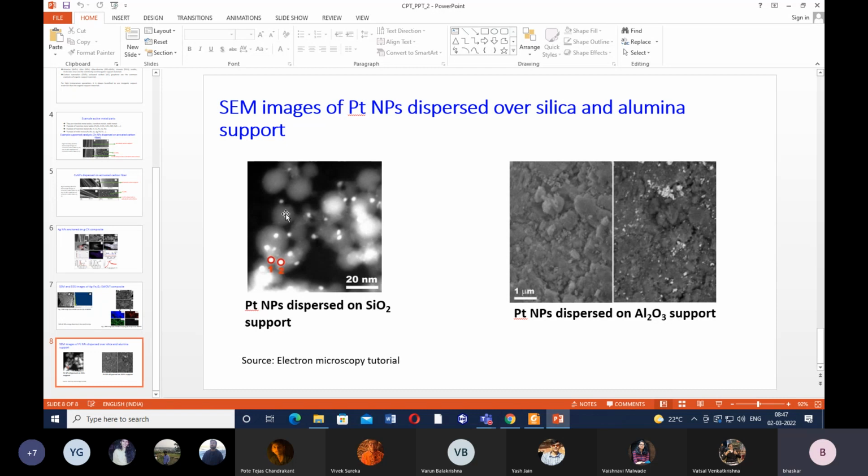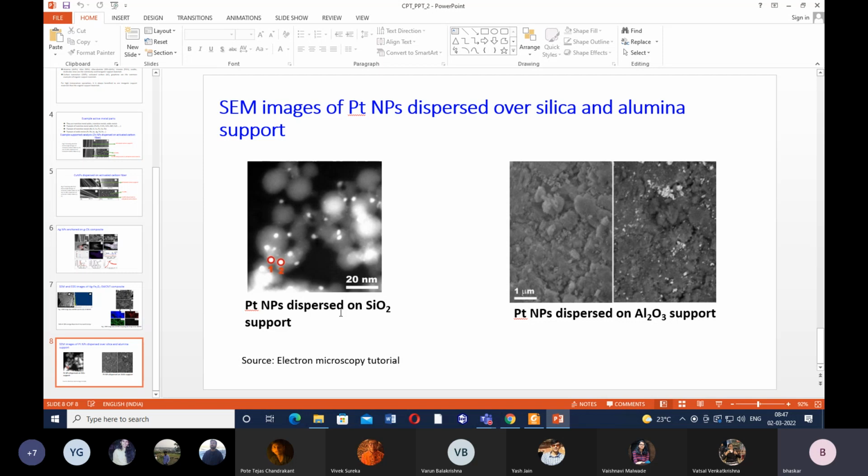And on top of the silica support, you can see the active metals. The shiny white particles are the active metals. These small shiny particles. Can you see them? Yes, sir.